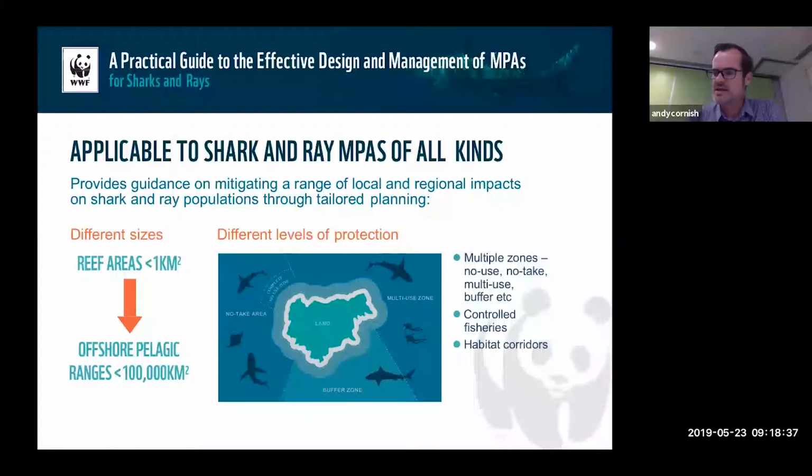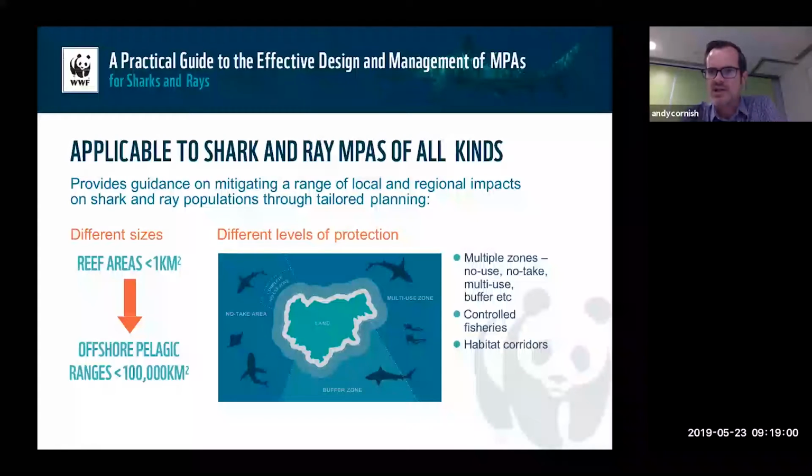Despite the fact that some of these animals do move over very large areas, there have been some interesting examples where, in the right place for the right species, very small MPAs can be quite effective, particularly where we're talking about nursery areas or areas where species aggregate.